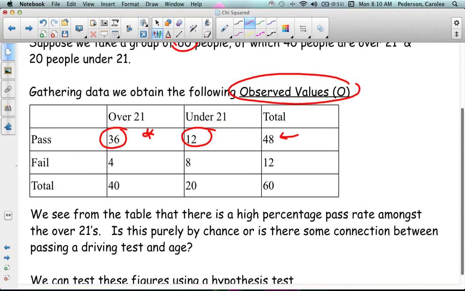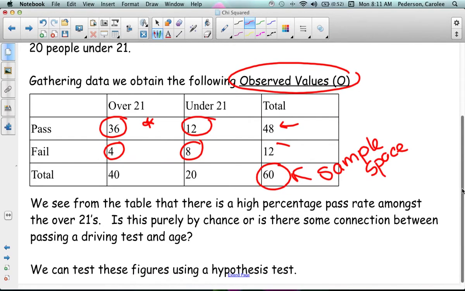Then 4 people over 21 failed it, and 8 people under 21 failed it, for a total of 12. Your total sample space is 60. So our question is, is it purely by chance, or is there some connection between the driving test and your age?